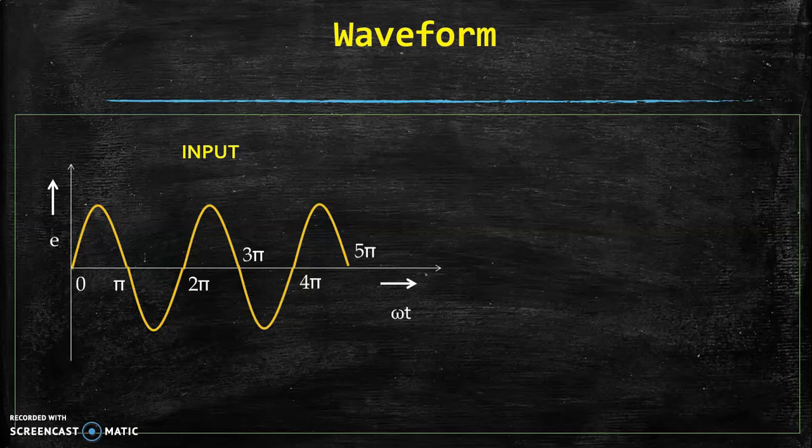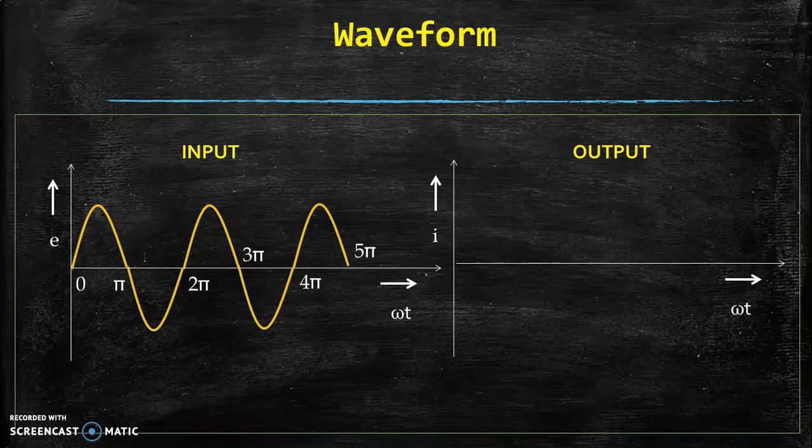So now let us check the waveform for the output. Again, we have taken angular frequency on the x-axis, and DC current through the load is taken as the output waveform. During the positive half cycle, conduction takes place and current through the load passes in one direction.